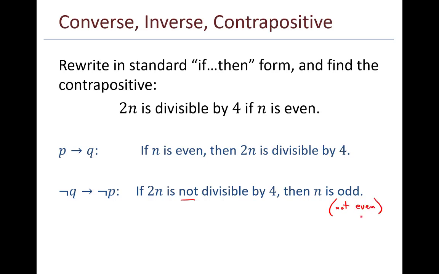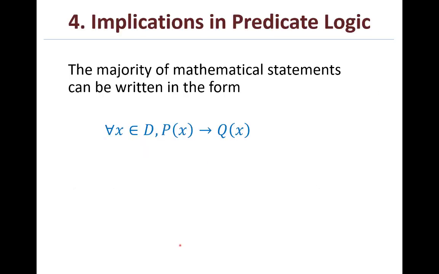In general, if I start talking about divisibility and we use the variable n to represent a number, we really are just talking about the integers. How about implications in predicate logic? The majority of mathematical statements can be written in the form, for all x in some domain, P of x implies Q of x.